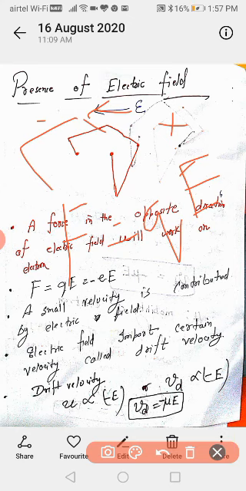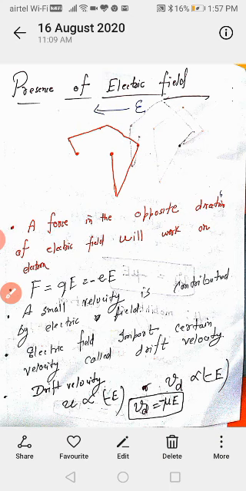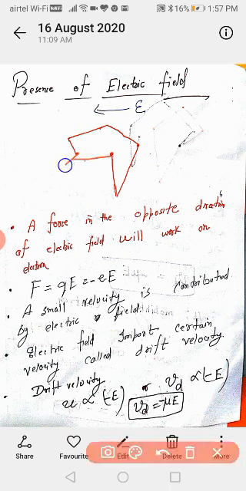So the electron will not come back to its original position. Now this will be clear. Here you can see the net displacement of the electron from the original position.